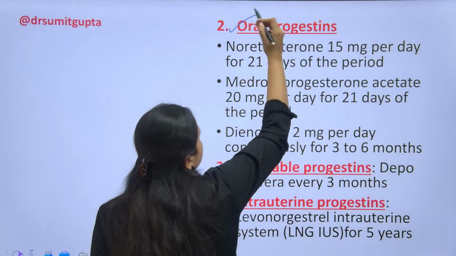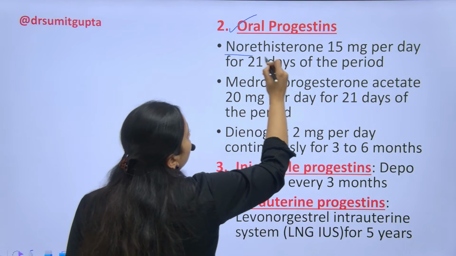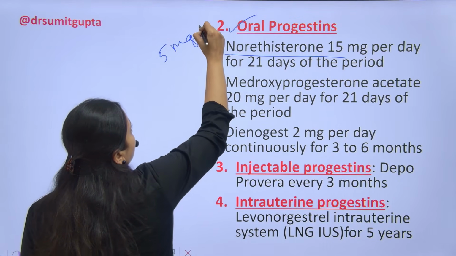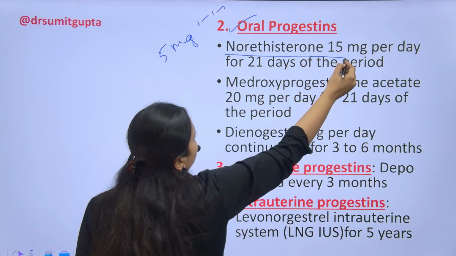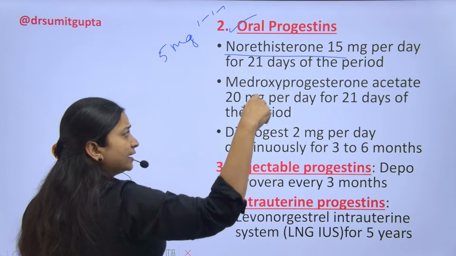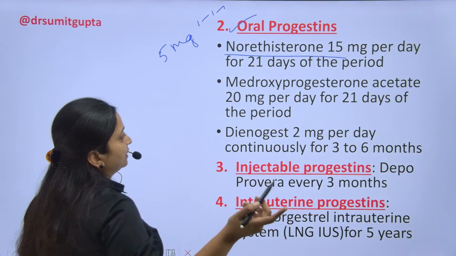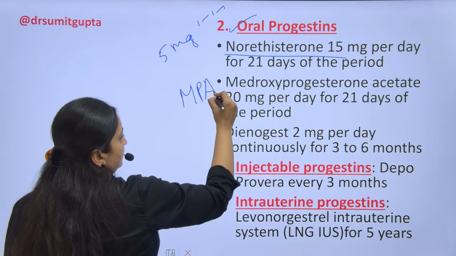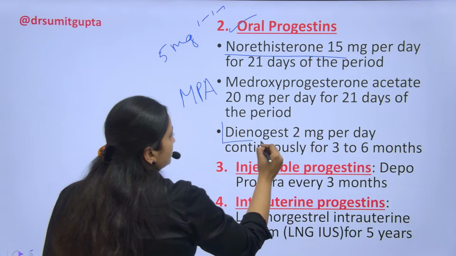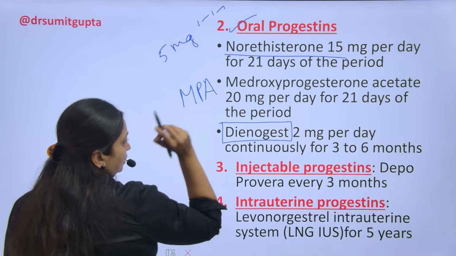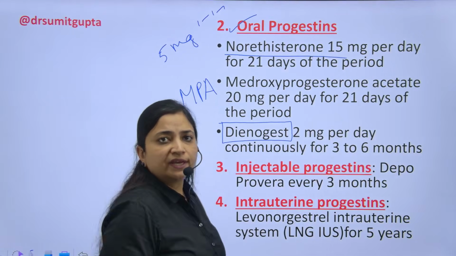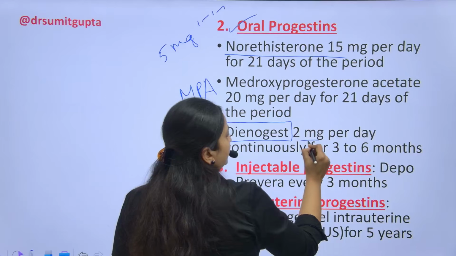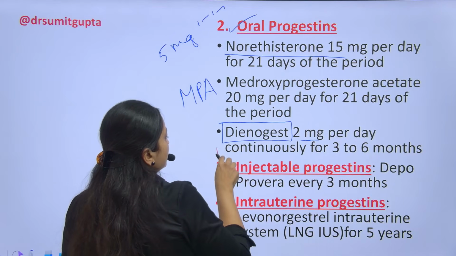So oral progestins, as I talked, Norethisterone, starting with 5 milligram 3 times a day. So 15 milligram per day and then continuing for at least 20 to 25 days. Other one is the same MPA as I discussed in my previous slide. And this is a newer progestin, Dynogest, which is doing marvels in management of AUB as well as management of endometriosis. 2 milligram per day, and important is continuously.